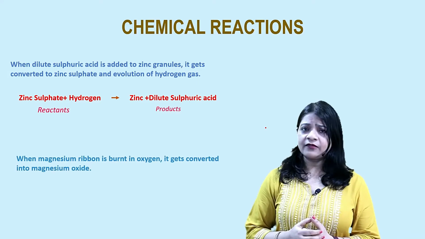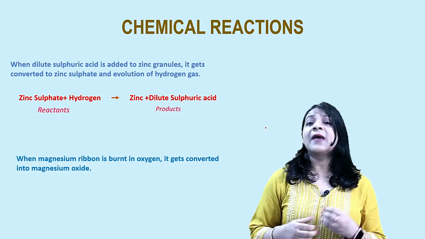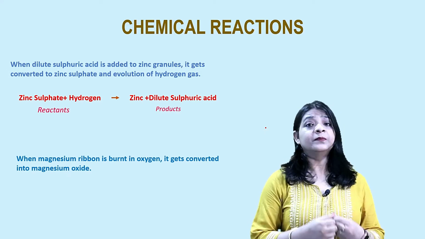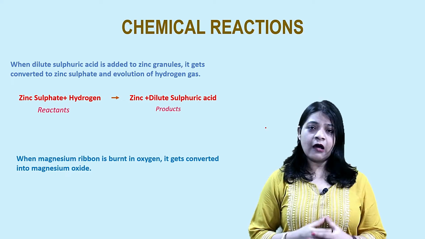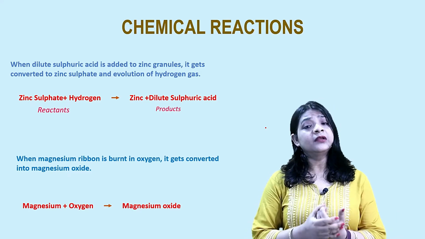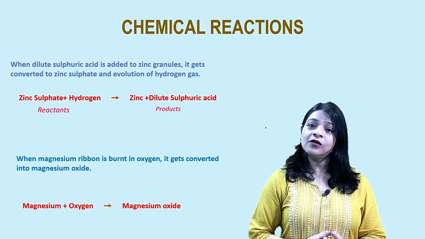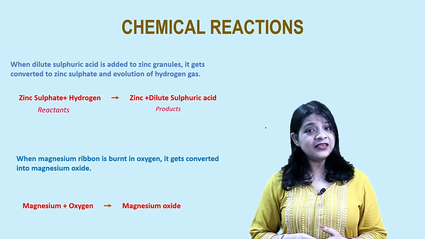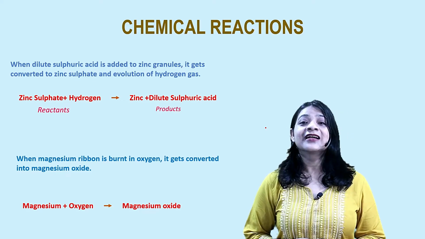Now let's take another example. Instead of telling the entire sentence, like when magnesium ribbon is burnt in oxygen, it produces magnesium oxide, if we try to represent it in this form, I think it is more easy to understand, simple and concise.